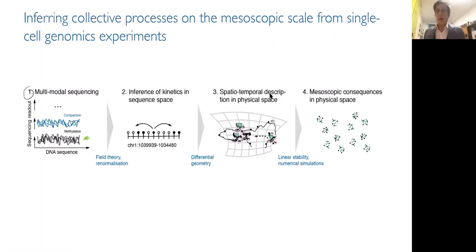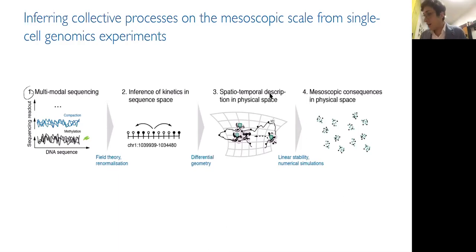And then we would like to process this data, compute some interesting observables, some interesting statistical quantities. And from there, we would like to infer the kinetics in sequence space. So how do these enzymes bind to the DNA and methylate the DNA? And what are the results of this binding? Because probably there can be something very interesting going on.